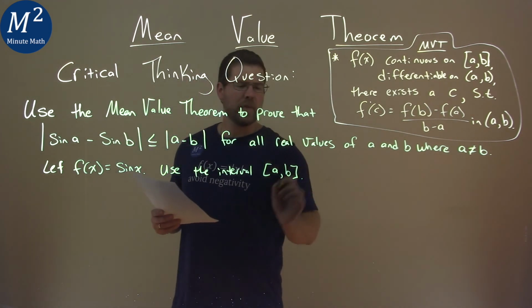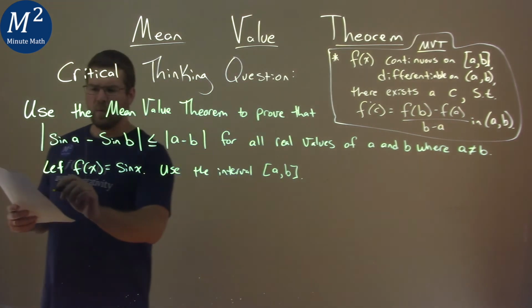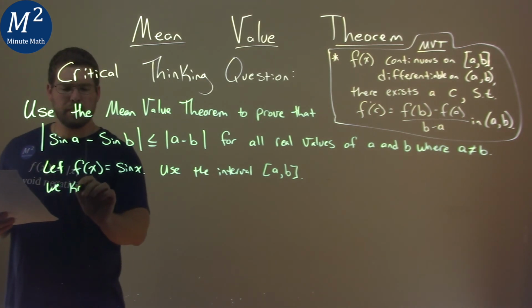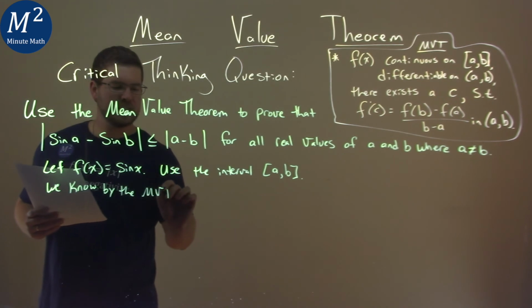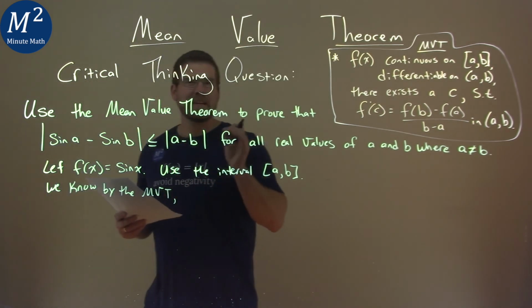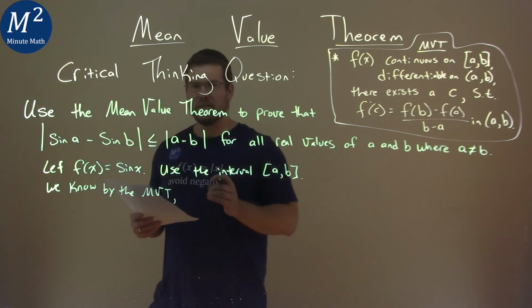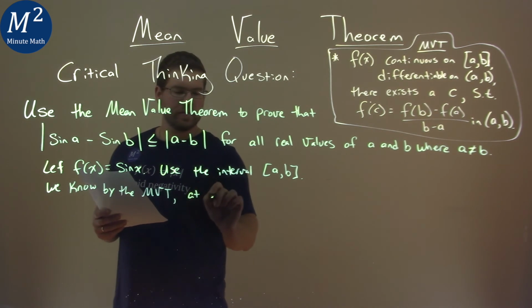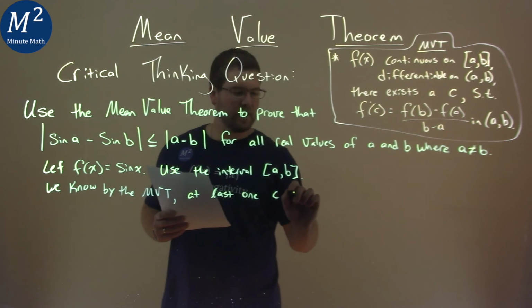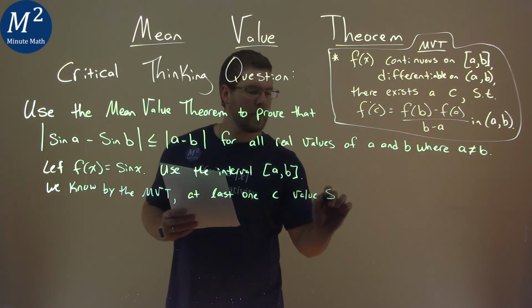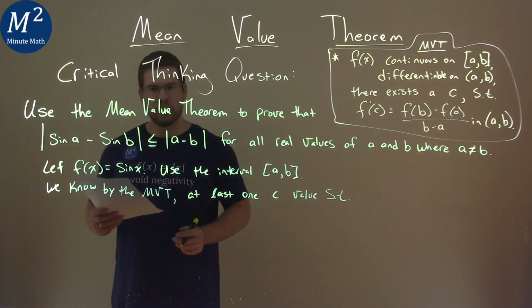Well, what do we know about the MVT, the mean value theorem? We know by the MVT that there is at least one c value such that, let's apply the mean value theorem here.